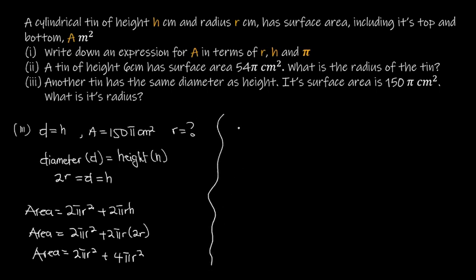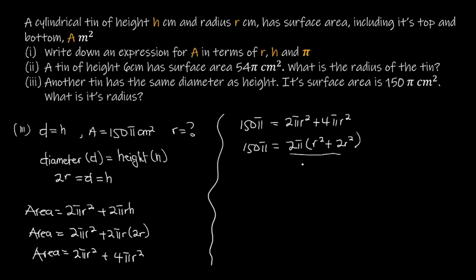Okay, now I can proceed to solve my answer. My area is 150 pi. So we have 150 pi is equal to 2 pi r squared plus 4 pi r squared. Okay, so from here I can decide to factor out 2 pi. So I do that. So I have 150 pi is equal to 2 pi outside bracket, then into bracket r squared plus, because I factored out 2 pi over here, I'll be left with 2r squared over here.